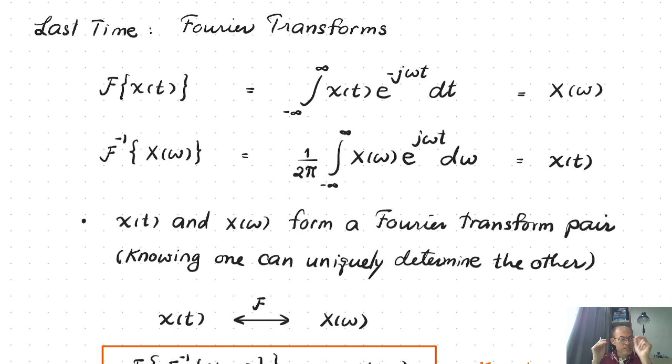It tells you the presence of a signal in certain frequency ranges. For example, if you want to know if a particular time signal has its presence at some frequencies, then you'd have to look at the Fourier transform of it to see if it has some value at that particular frequency that you're looking for.